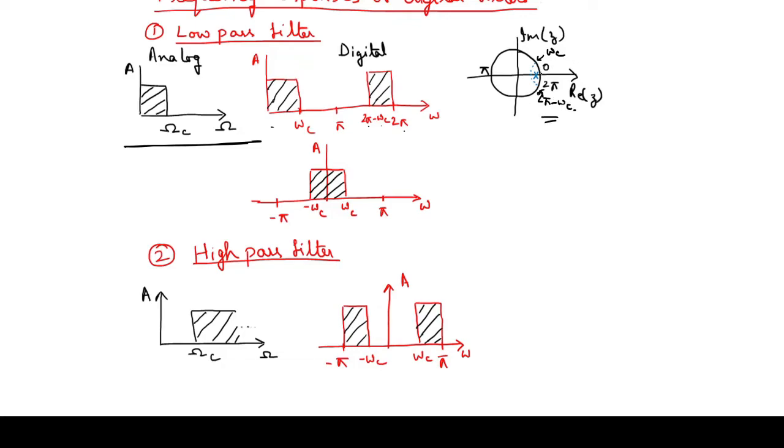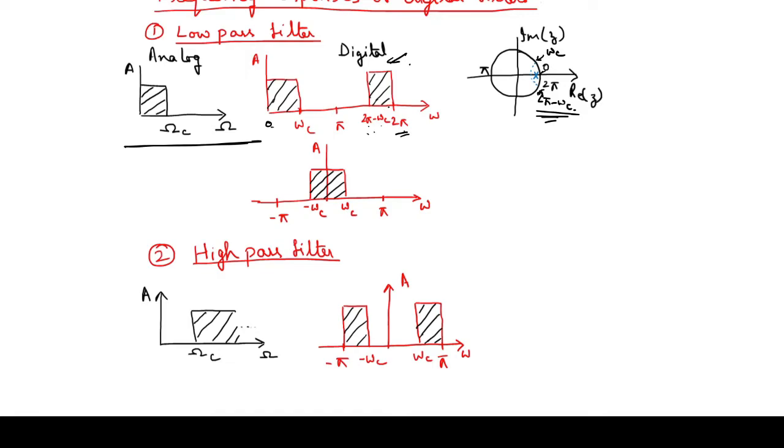Now suppose taking this point as the joining point, if you open it up and place it as 0 to 2 pi, see what you will have: from 0 to omega c, you have the effect of the poles, so we have a linear response up to omega c. After that, the pole has no effect up to 2 pi minus omega c, and again from 2 pi minus omega c to 2 pi, you will have a high response.